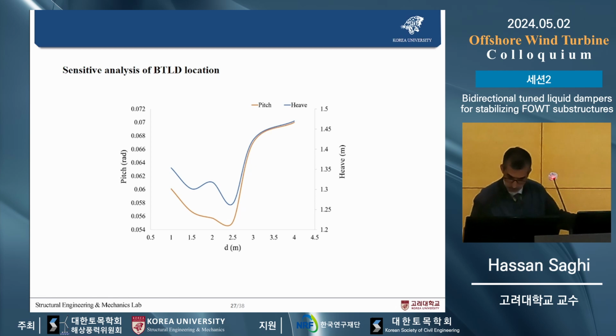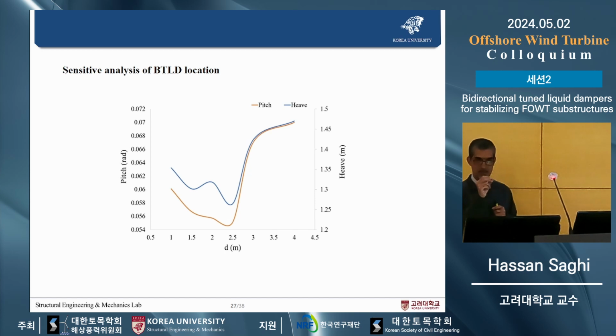It's around 2.5 is the optimum position or location of the BTLD. Actually, we optimized sequentially. We used a sequential procedure to find the optimum case. First, we optimize the geometry, then the water filling level, and finally the location of the BTLD.